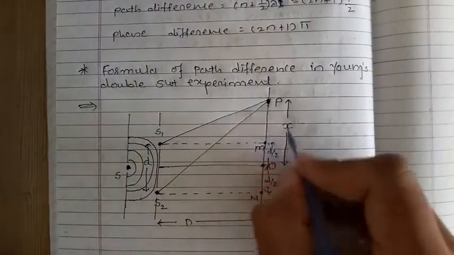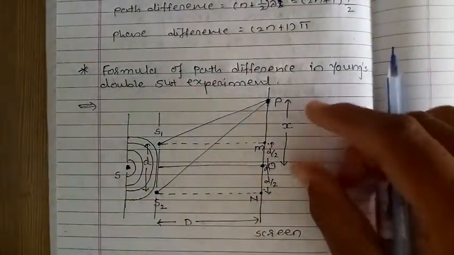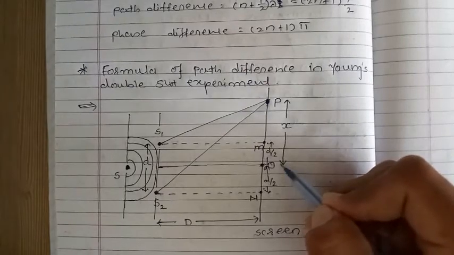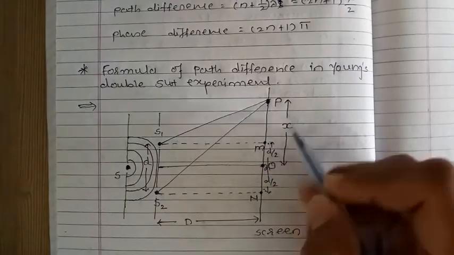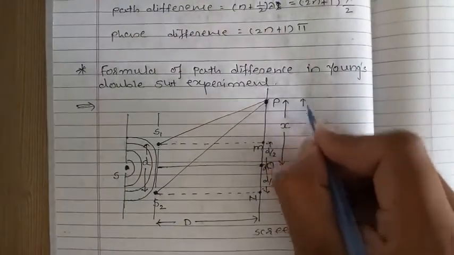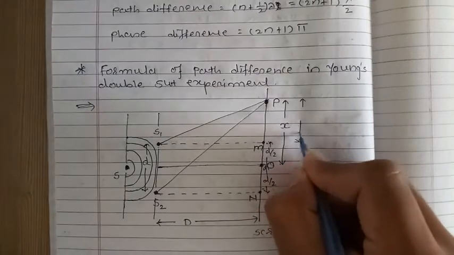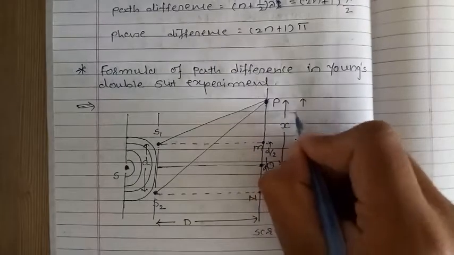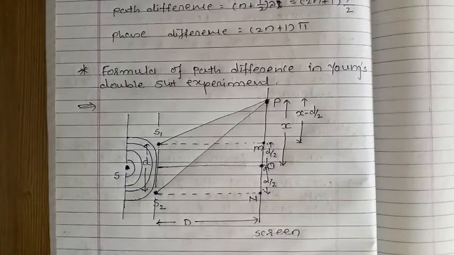So to find the distance PM, see, the distance from P to O is X and from M to O is d by 2. So the distance from P to M, we subtract d by 2 from X, so X minus d by 2, right?